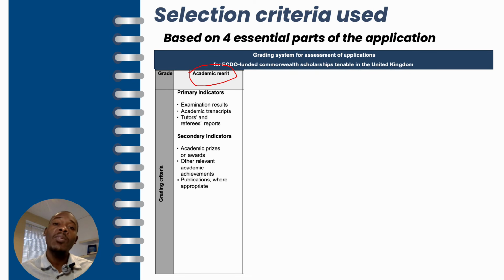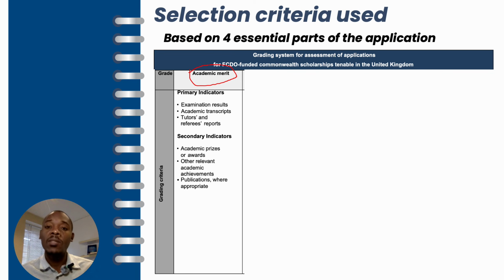So the transcript that you're going to submit should show the results, the grade that you obtained, and that's why I was emphasizing that, because that is what they are going to use to grade your application. So if you have a distinction, a merit, or a credit, then you qualify for this scholarship, because it is meant for those who have a distinction, a merit, or a credit.